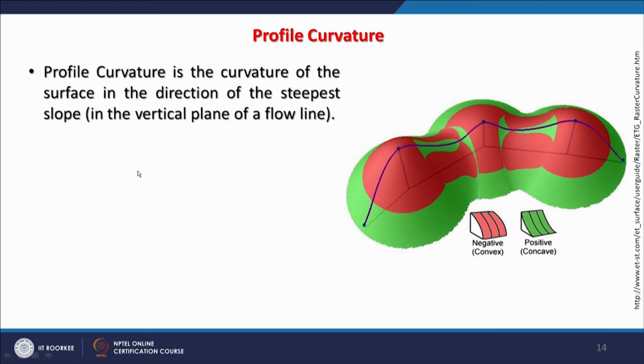So profile curvature is the curvature of the surface in the direction of steepest slope, in the vertical plane. Plan curvature is measured in the horizontal plane, whereas profile curvature, as the name implies, is measured in a vertical plane.